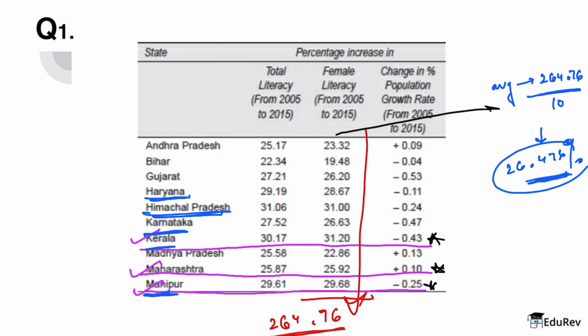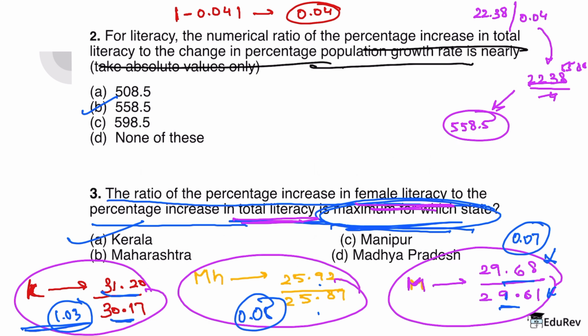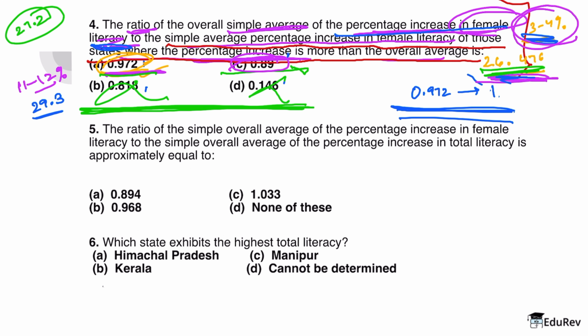And all these are very much higher than 27.2. They are likely to be around 29 plus. Correct. So option C is the correct option in this.